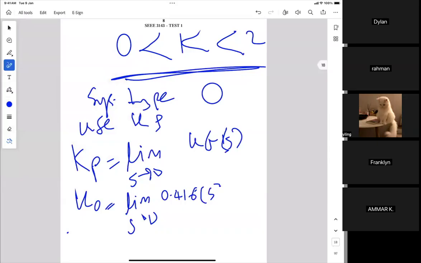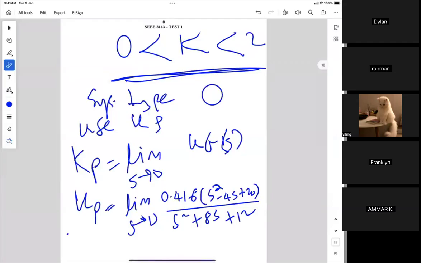Okay. S squared over S squared. Okay. Zero point 69.